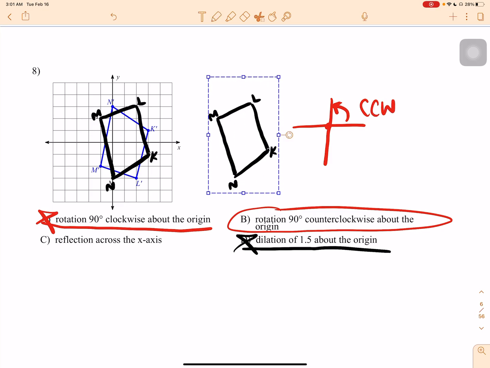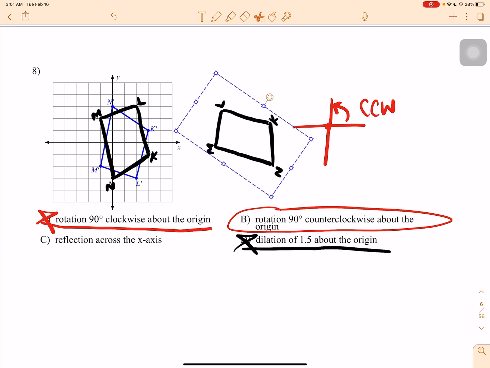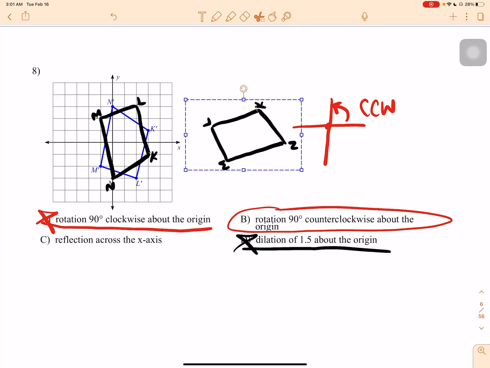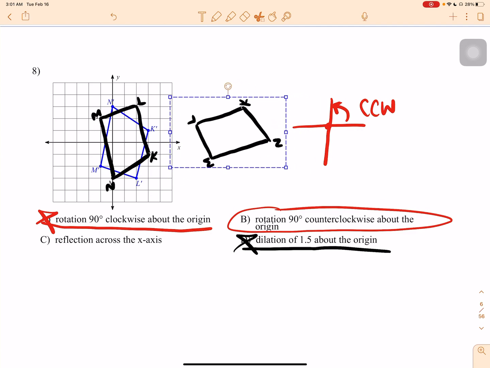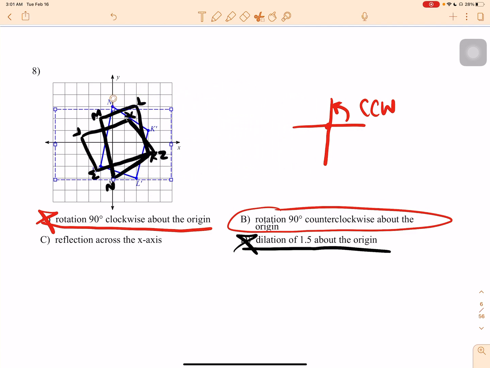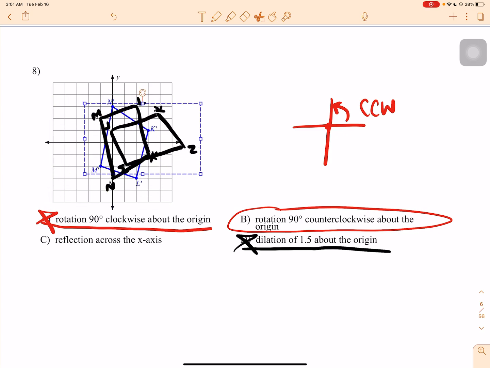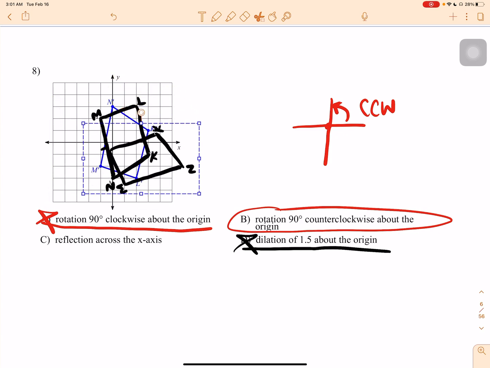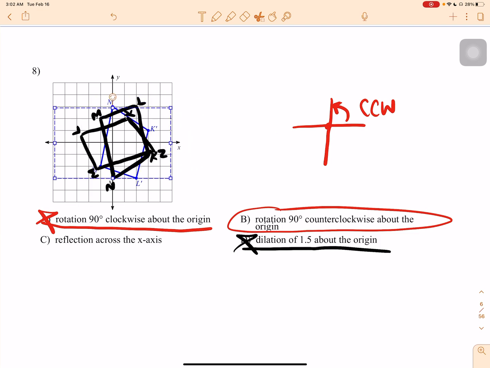Counterclockwise, I'm going to go this way, and that's 90 degrees. It's really easy because I see a rectangle, so it really helps. And you see here too, this does not line up with the blue one no matter where I put it. This is definitely not a rotation.